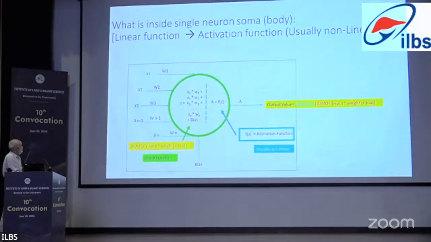So all these inputs are going inside and it is the sum of input into weight plus bias. We add all of these, and this is fed into another activation function, which usually is non-linear. So there is a linear part inside, then there is a non-linear part, and then the output value occurs. So this is the dendrite, body, and the axon.